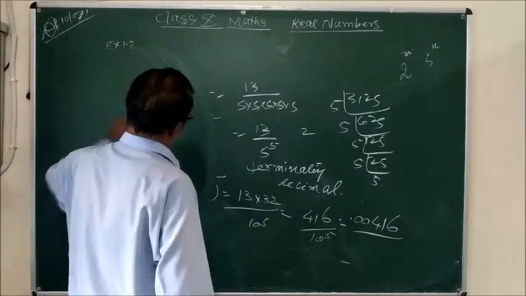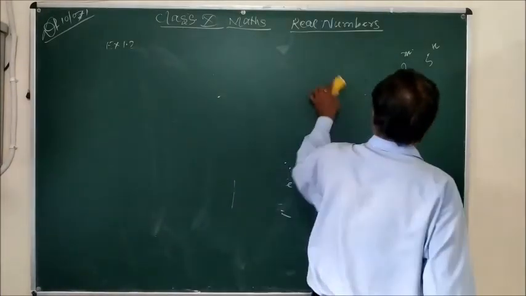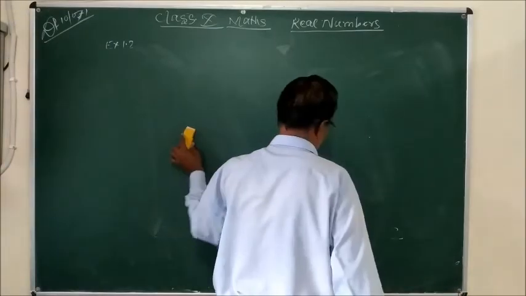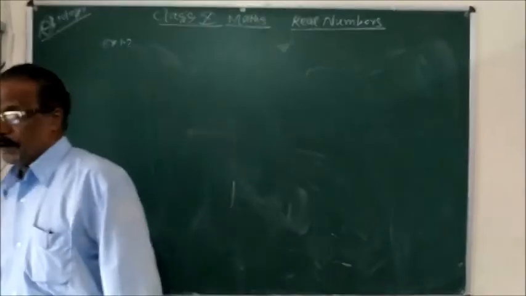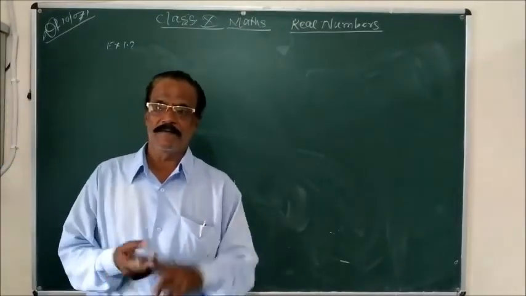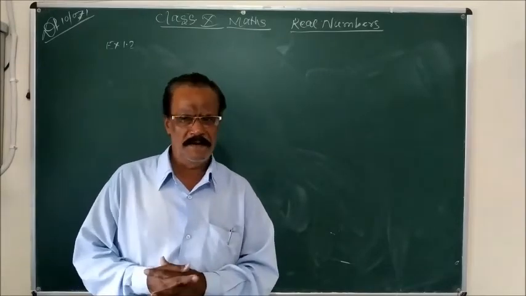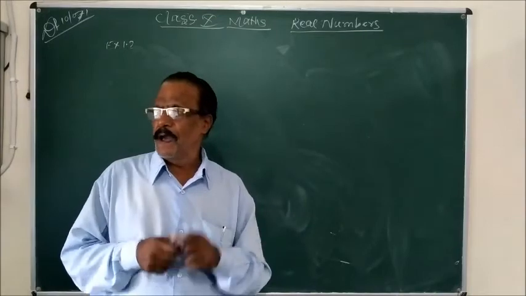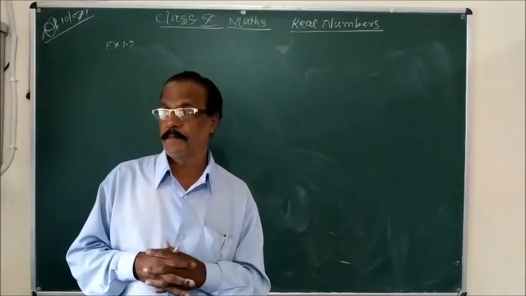So, my dear students, I want to wrap up this topic. First, you have learned how to find HCF and LCM, and how to verify that the product of two numbers is always equal to the product of their HCF and LCM. Many examples you can verify. And second, you have learned how, without actual dividing, to find whether a rational number is terminating or non-terminating repeating.